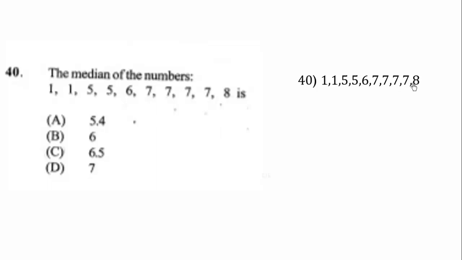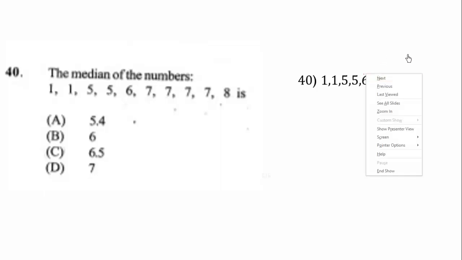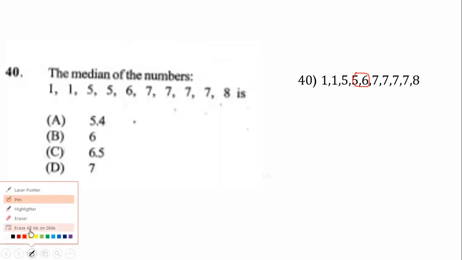Since it is even, we are going to have two numbers in the middle, which are 6 and 7. So we add 6 and 7 and divide by 2. That will give us 6 plus 7, which is 13 over 2, and it is 6.5. So the median is 6.5.